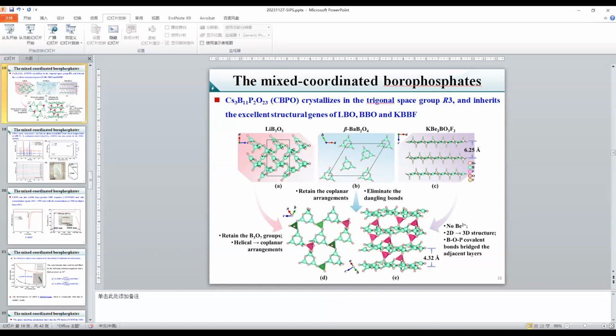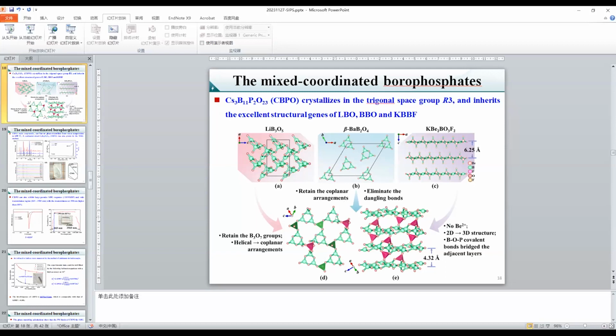We can see this is the structure of CBPO. The basic building unit for this compound is B3O7. It's similar to that of LBO, and this B3O7 group has a coplanar arrangement, which is similar to beta-BBO.